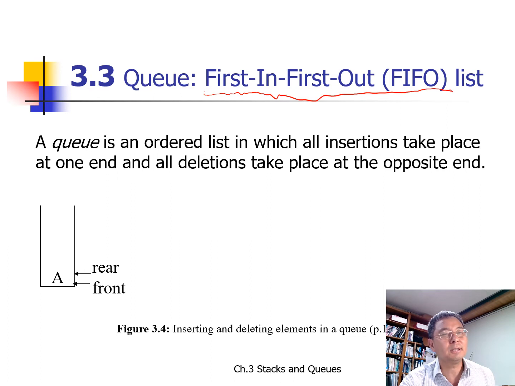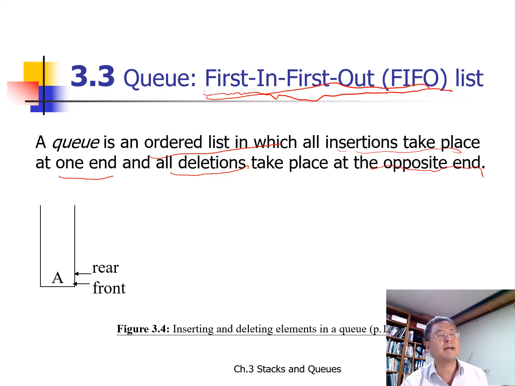In short, it is the FIFO rule. So queue follows this FIFO rule in data operations. Okay, so queue is also an ordered list in which insertion takes place at one end and deletion takes place at the opposite end.